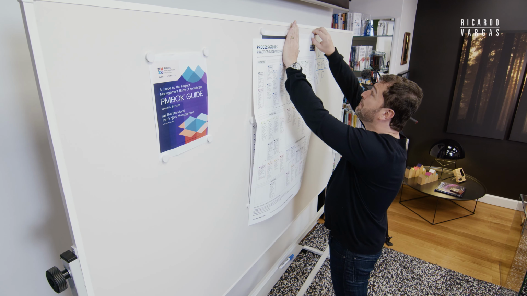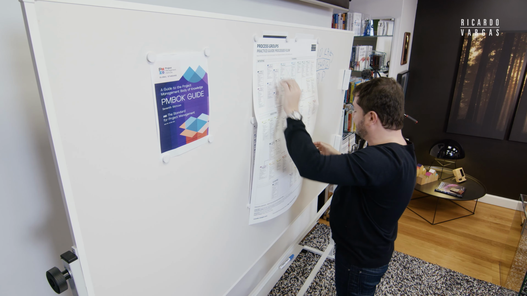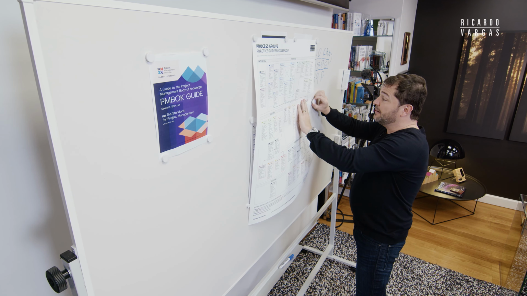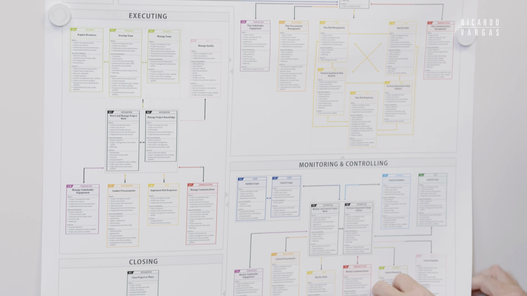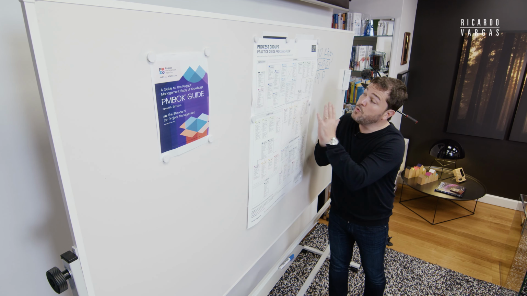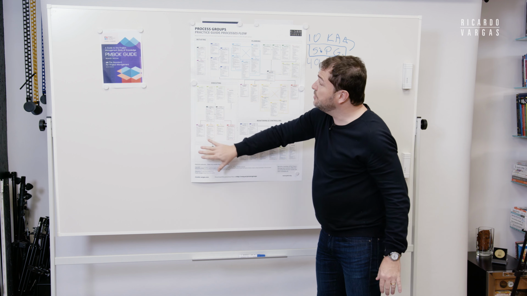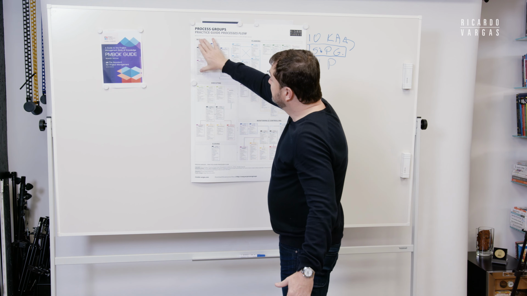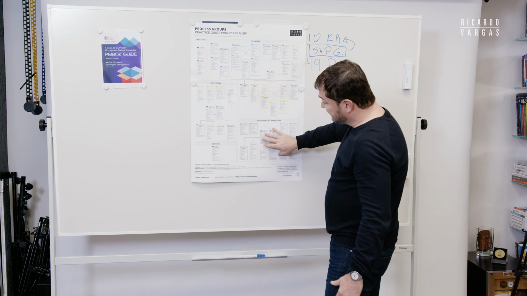I also prepared the practice guide flow. It's the same flow I did for the PMBOK guide, but now with the new numbering and the process. You can download them, and they will reflect these changes with the new numbering and the new structure, where each chapter is chapter 4, chapter 5, chapter 6, chapter 7, and chapter 8.